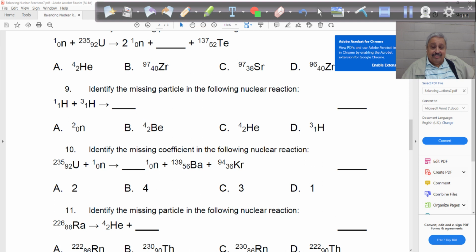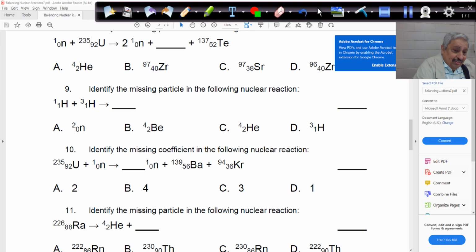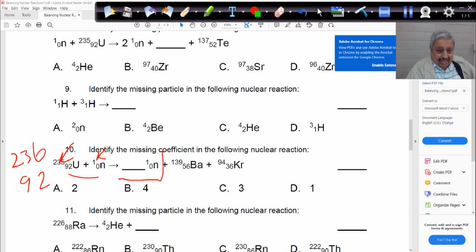Let's do it together. Here, how many do you have? 236, correct? One is here, and 235, 236. How about the bottom? 92. So keep this one aside. Don't touch this. 94 plus 139 is 233.